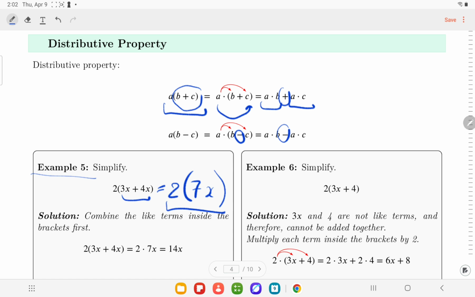This makes it a lot easier because we can just do 2 times 7x, giving us 14x. However, when they're not like terms, you do have to use the distributive property and multiply the 2 by both 3x and 4. So we would end up with 2 times 3x plus 2 times 4, like written here.